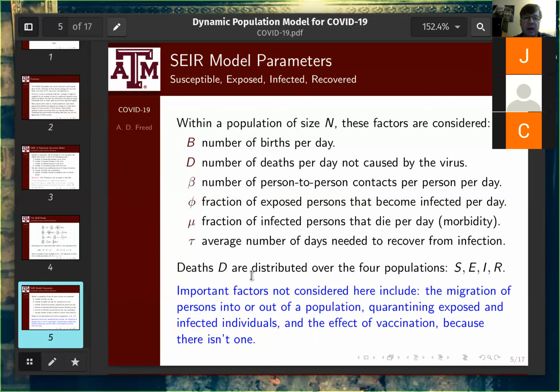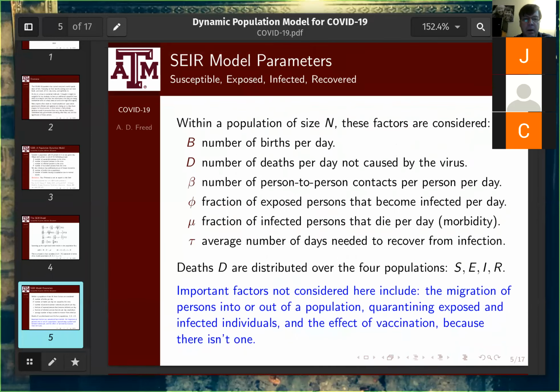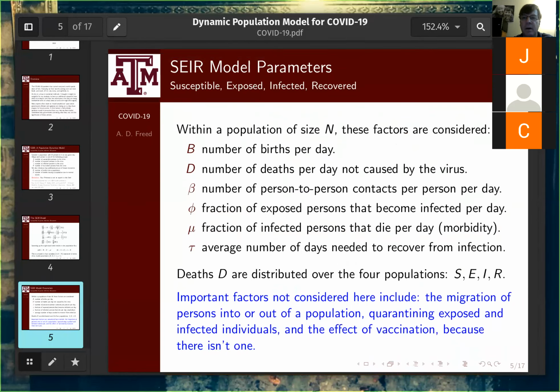And then again, we're assuming that the deaths distribute over these 4 populations. They don't belong to one or the other in particular. We're just assuming that they all distribute according to their respective numbers. So essentially, this is just a crap ton of variables with a whole bunch of data.